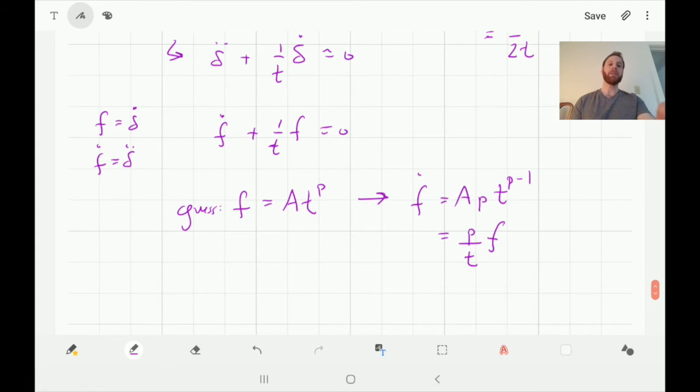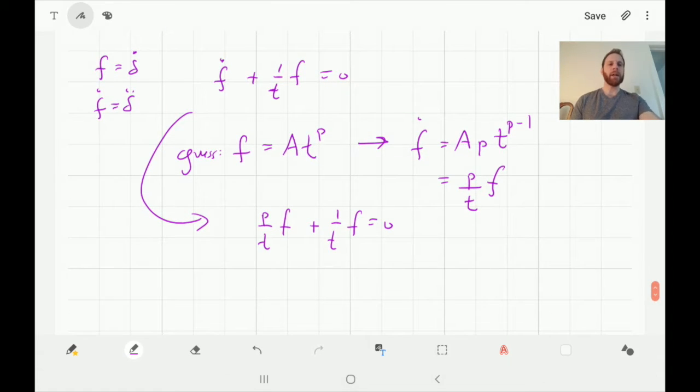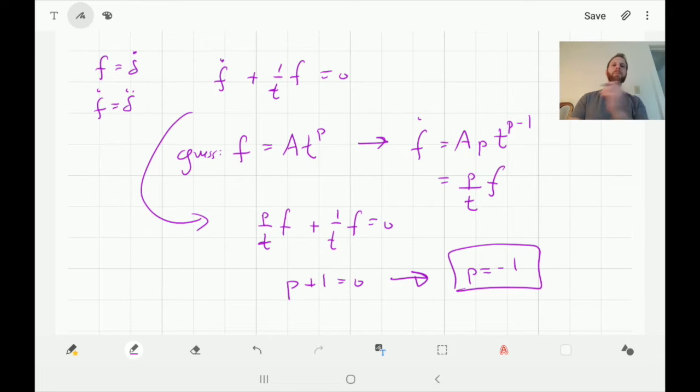That might work. So now let's plug it in. What do we get? We get p over t times f plus 1 over t times f equal to 0. The t's cancel, assuming t is not equal to 0 and f is not equal to 0. That apparently means that p plus 1 must be equal to 0. In other words, p must be equal to minus 1. So what have we learned?